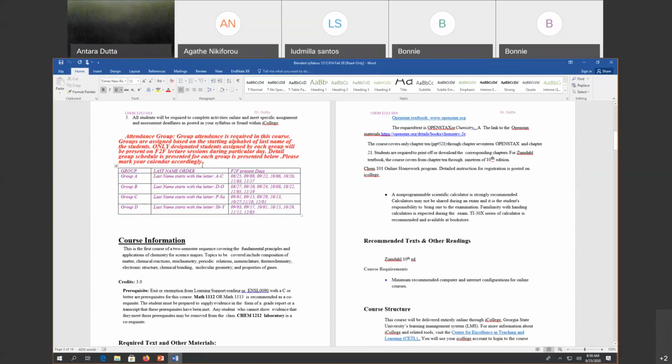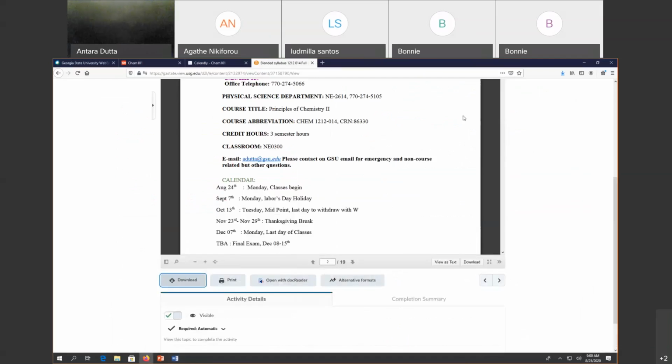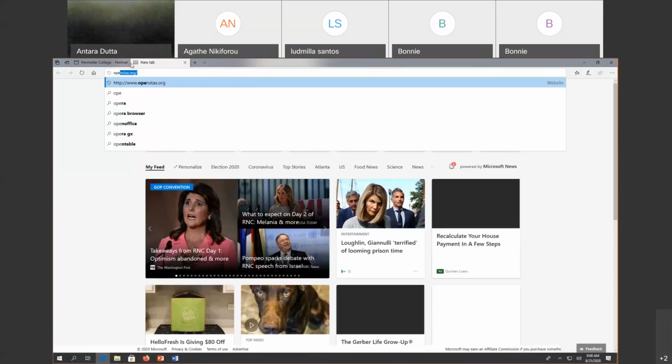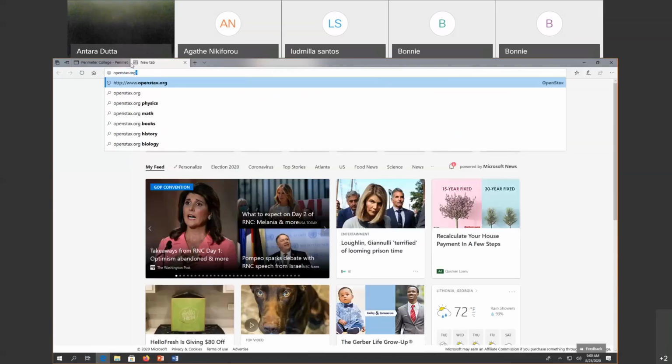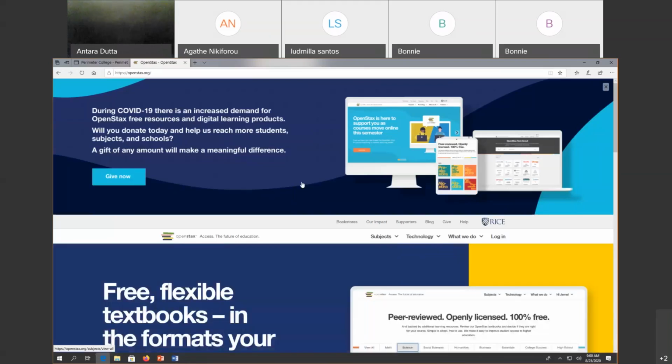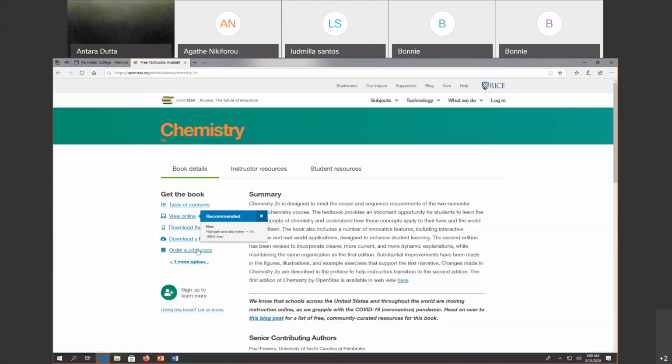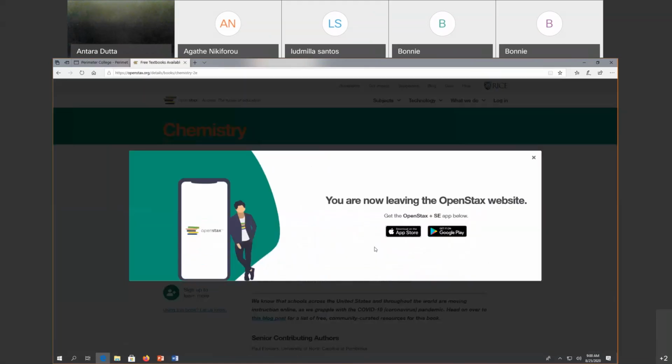Okay, so 9 o'clock, we should start our material. I'm going to open the textbook. If you go to openstax.org, you click on science and then chemistry, and this is your textbook. You can download this on your phone. This is the app, okay?